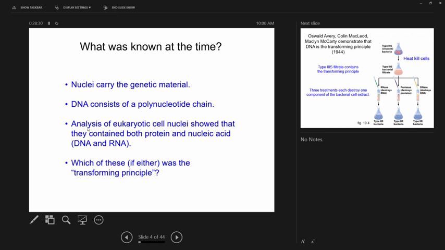All right, so which of these, if either one, was the transforming principle? At the time, the structure and composition of amino acids or proteins was known as well. Not the three-dimensional structure, but what a chain was composed of. DNA, as we'll see, is composed of sugars and bases and phosphates.